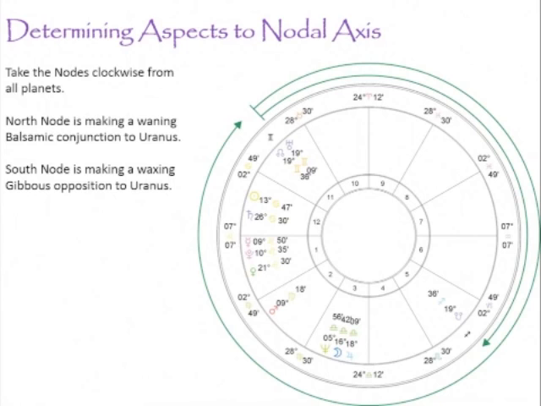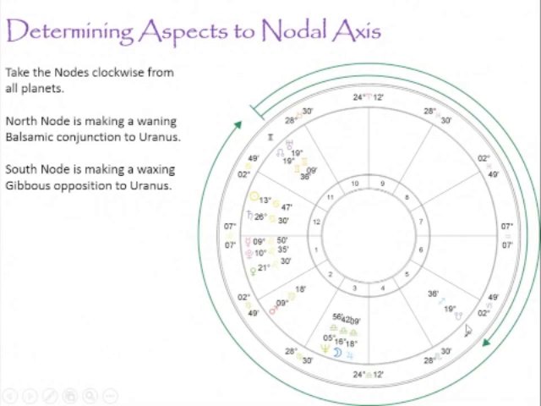And so if we look at the example that we have here, what we are showing you is the planet Uranus and of course the north node and south node of the moon. And in this case, for both of them, you start with the planet, in this case Uranus, and you look at both of these green arrows. We'll work with this inside green arrow first of all and follow that around until we get to the south node.